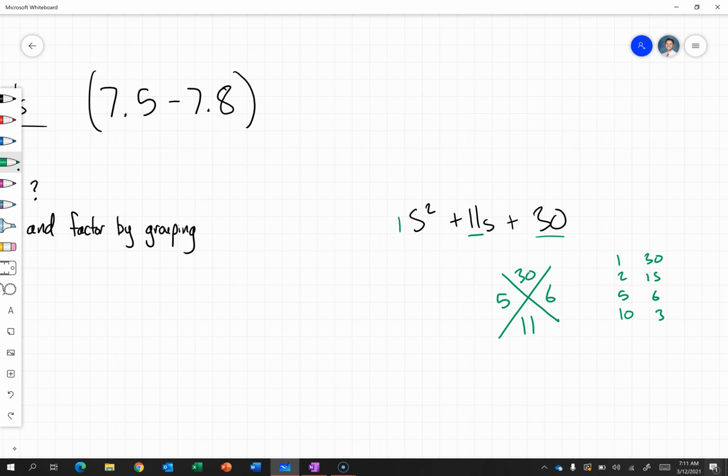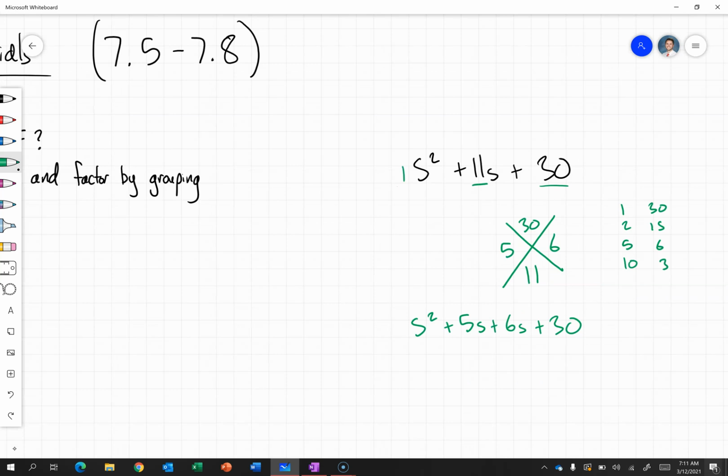So now we can just rewrite our polynomial as s squared plus 5s plus 6s plus 30. And then we factor by grouping, right? So we can turn this into s squared plus 5s plus 6s plus 30. Now for each of these, we factor out any common factors that we see.